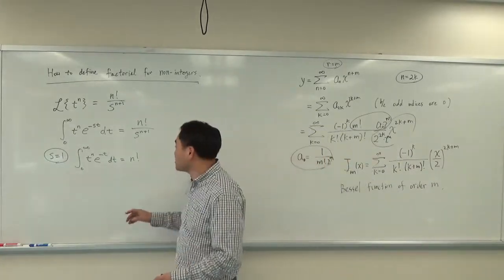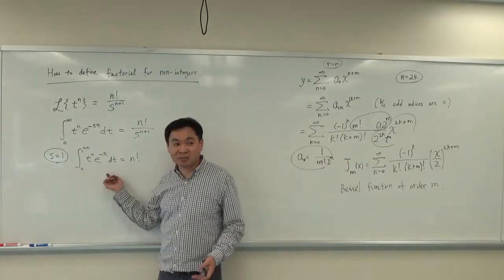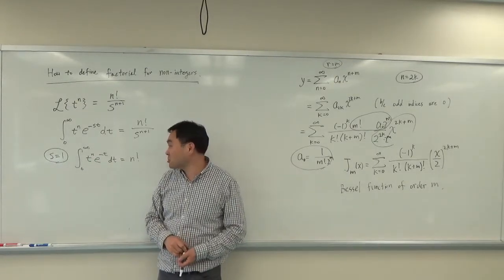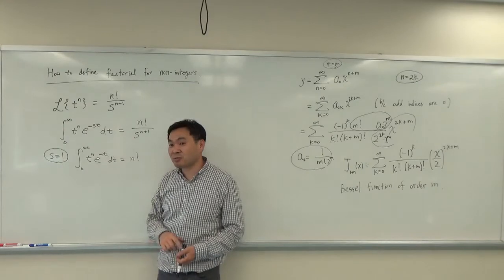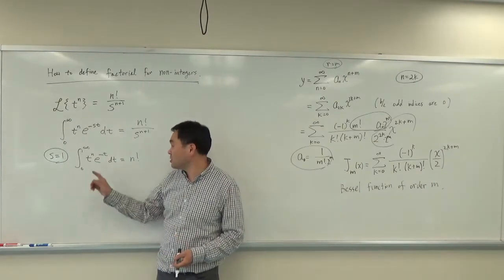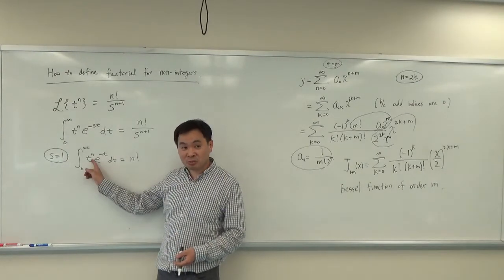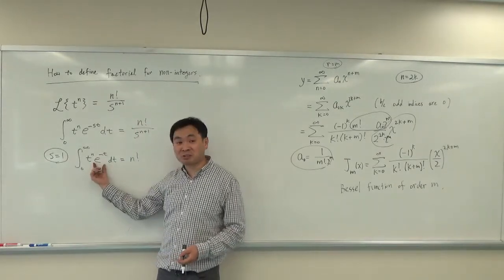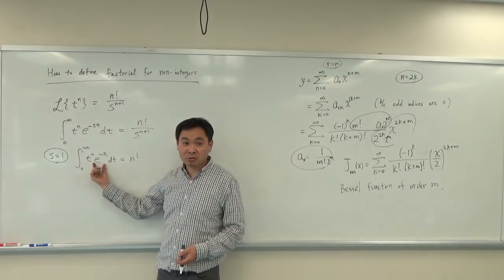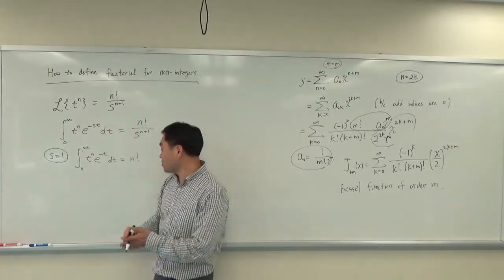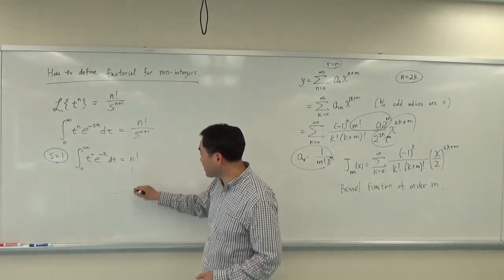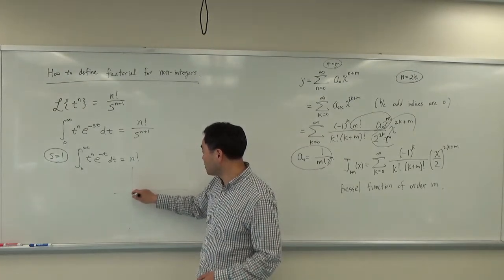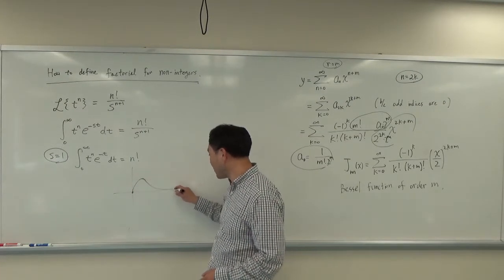The next question is, well, does this left side make sense for something that's not an integer? And the answer is yes. So for example, if you put 1/2, think about what's going to happen. You have a square root of t, and e to the negative t is a rapidly decaying function. If you multiply them, the graph will start from 0, go up, and then rapidly decay down to 0.